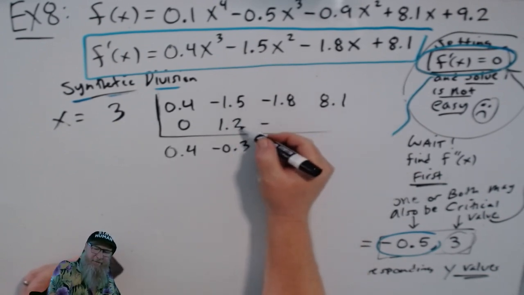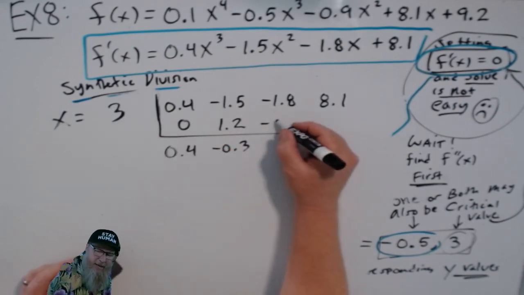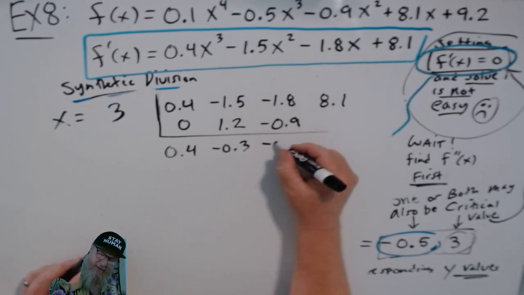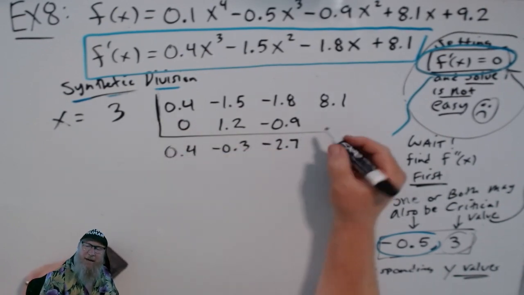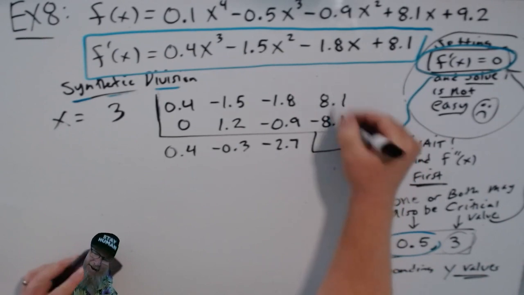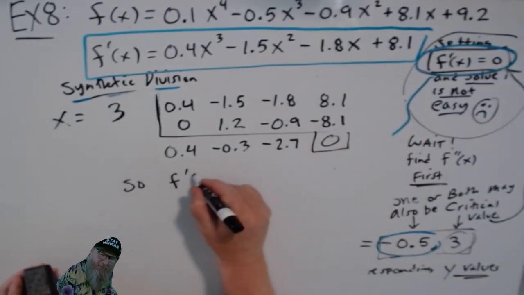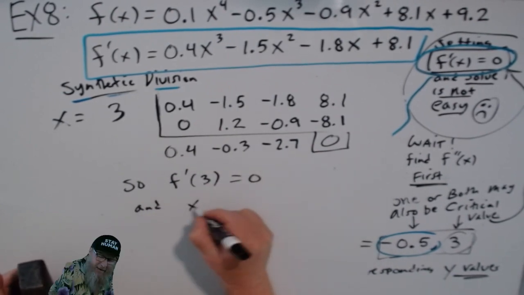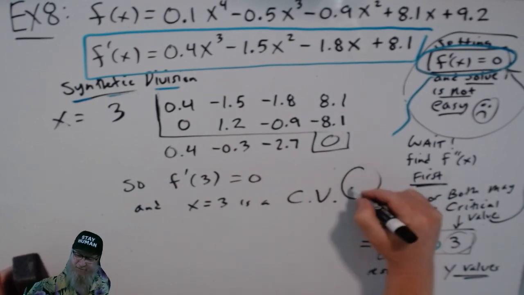Negative 1.5, 1.2 is negative 0.3. You multiply, negative 0.9. You add, negative 2.7. You multiply, negative 8.1. You add 0. Therefore, f prime of 3 is equal to 0, and x equals 3 is a critical value.